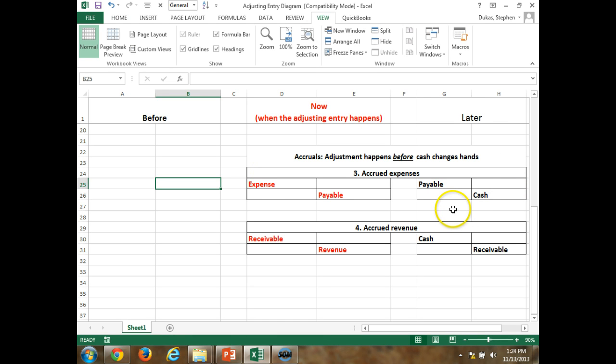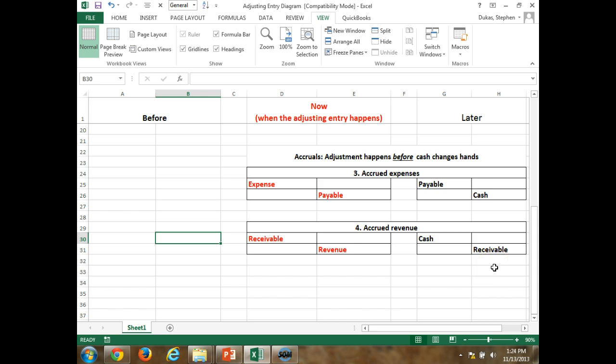Later, when they pay the salaries, you'll debit the payable and credit cash. With accrued revenues, you've performed a service but haven't gotten paid yet, so you recognize some sort of receivable and you credit service revenue. Later, when you actually get the money, the receivable goes away.